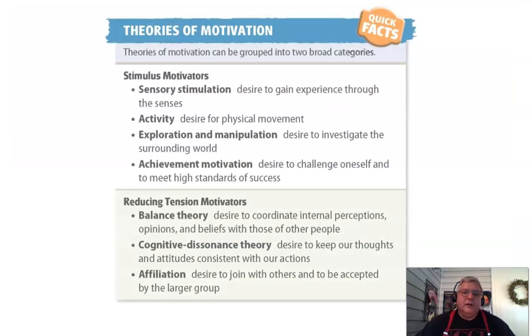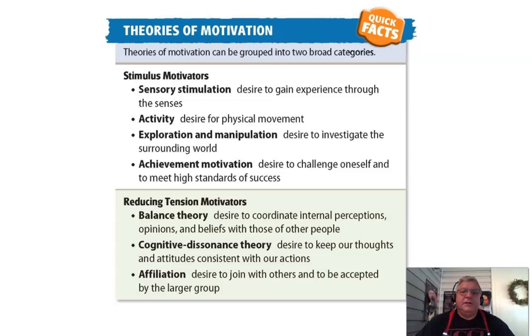All right, theories of motivation. Theories of motivation can be grouped into two broad categories. The stimulus motivators: sensory stimulation is the desire to gain experience through your senses. Activity is the desire for physical movement. Exploration and manipulation is a desire to investigate the surrounding world. Achievement motivation is the desire to challenge oneself to meet high standards of success.